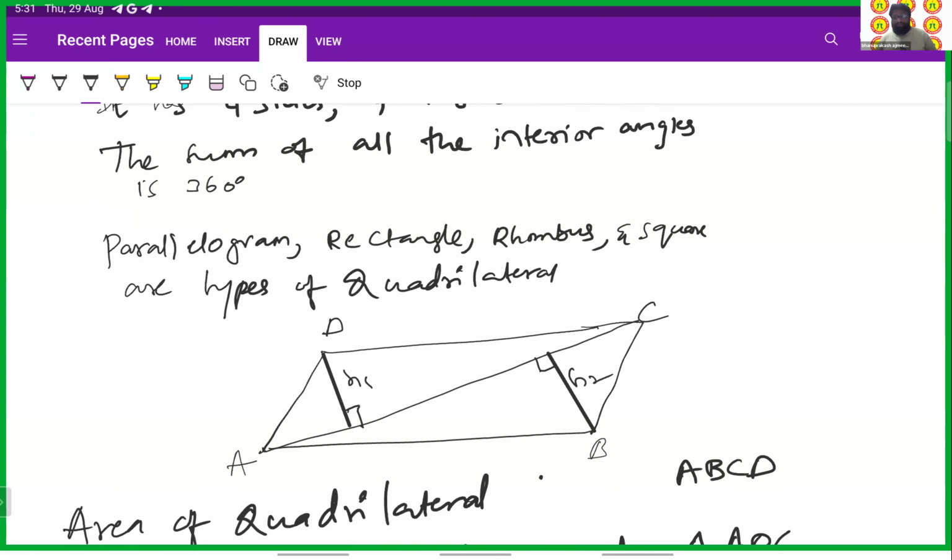Yes, Chirantej, you have something to say? Sir, on that day I asked one doubt, about the kite. My ma'am told that x is equal to 80. Opposite angles are equal, right?